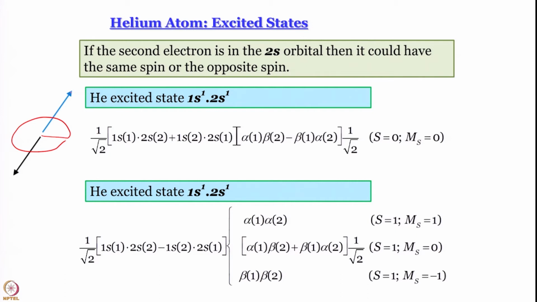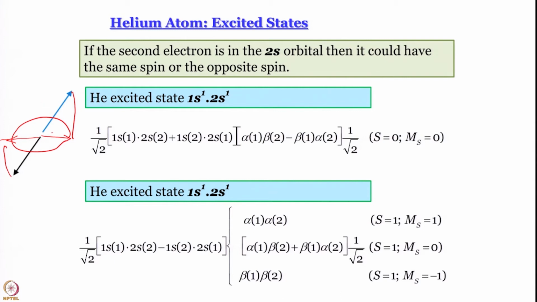Suppose I drop a perpendicular, I draw a projection of the spin angular momentum of electron number 1 and I draw a projection of spin angular momentum of electron number 2. These two projections are going to be opposite in direction in the xy plane, that is what it means. They cancel each other. So, of course, if you take z components then also one is up one is down, they will cancel anyway.